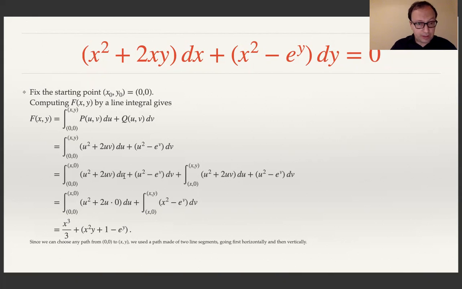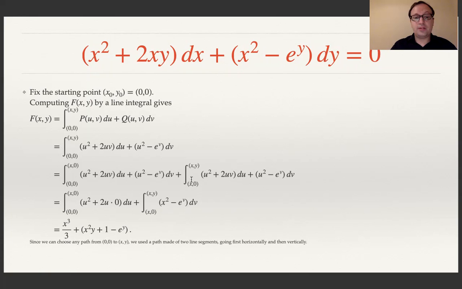And even better, along this first segment, the second coordinate is 0 because we are integrating from (0, 0) to (x, 0). So the second coordinate is always 0. So this means that v is 0. So we just have the integral of (u squared plus 2u times 0) du, which just means the integral of u squared du.